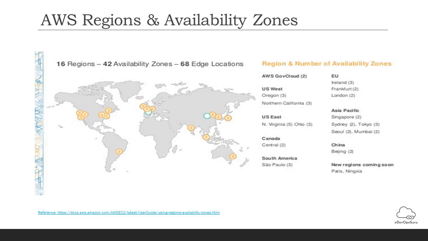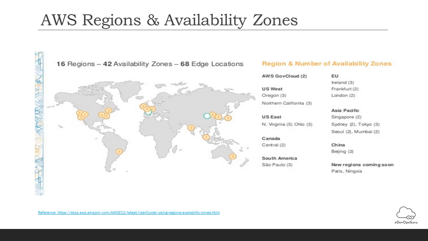As we can see, there are 16 regions and 42 availability zones and 68 edge locations. These numbers keep on changing, so you always need to refer back to AWS for correct information at the correct time.